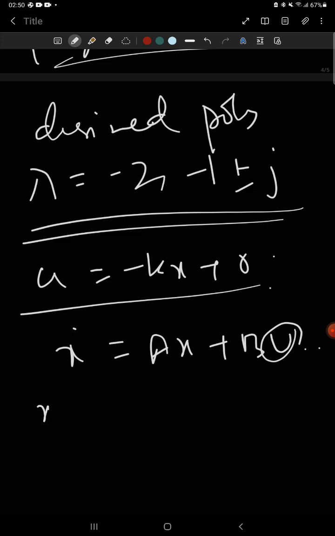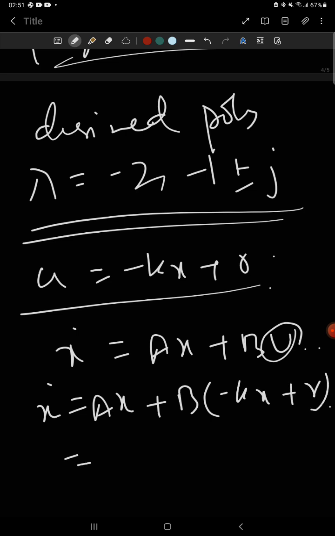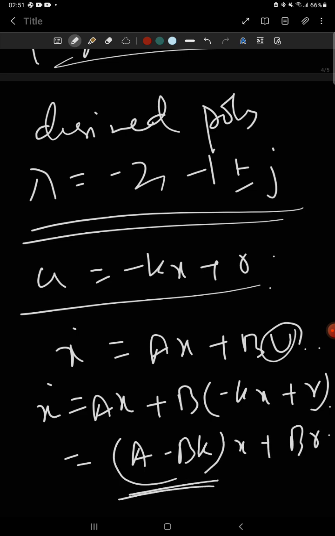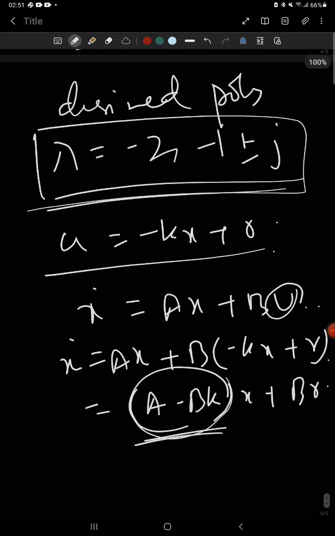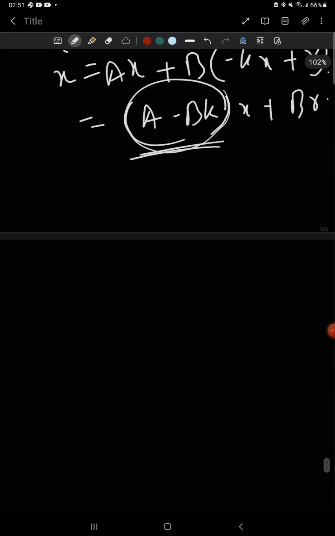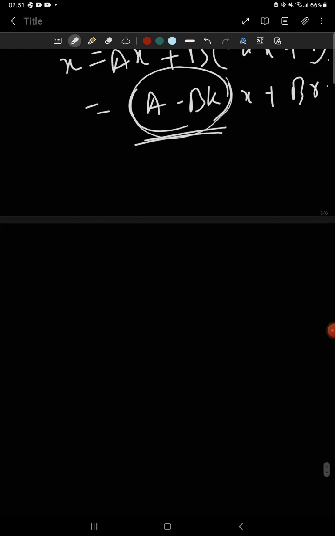So now there's a new value of u. If I plug in the value of u, this is what I get, and this becomes A minus BK times x plus Br. So that means now my A matrix has changed to A minus BK, right? And these are my desired poles that are given. The method of solving such questions is that at first you need to figure out A minus BK, right?